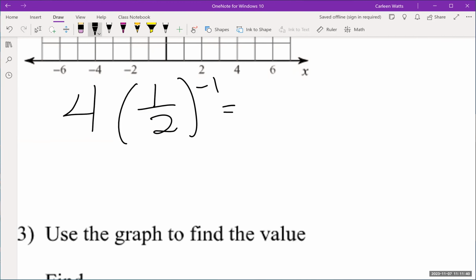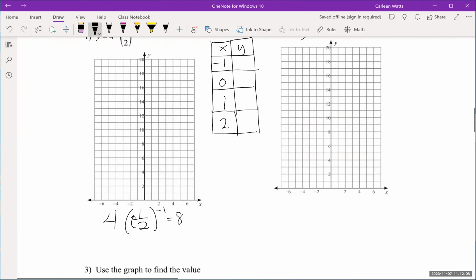Let's just plug it into the calculator and find out. 4 times parentheses 1/2 to the -1. Anyone have a guess what this is going to be? 8. Ding, ding, ding. 8. What did that -1 do? It flipped it, right? Cross the line, change the sign. Okay. So -1 is 8.